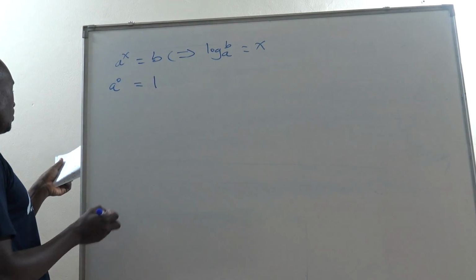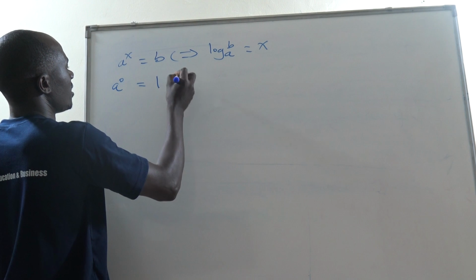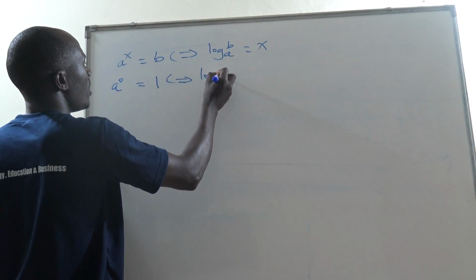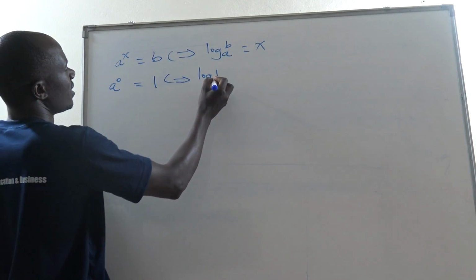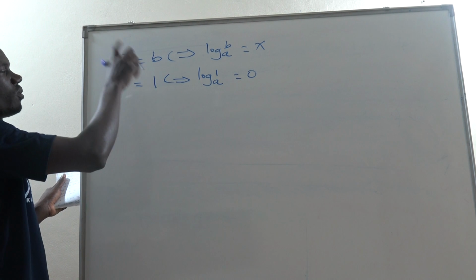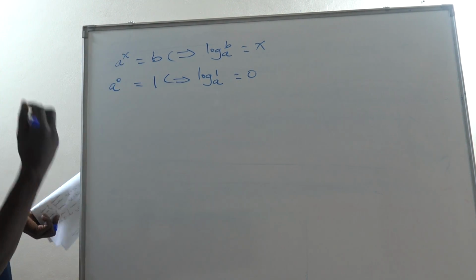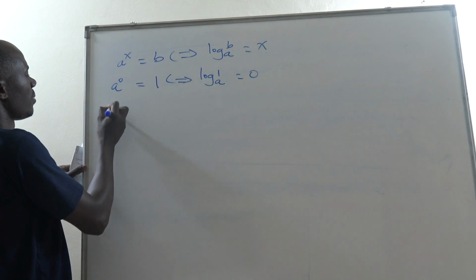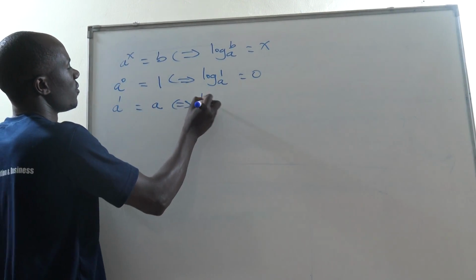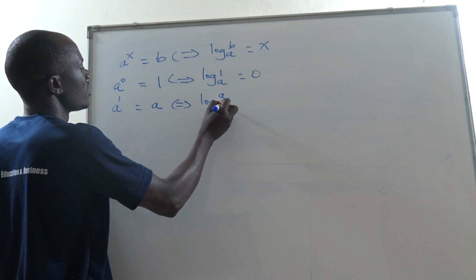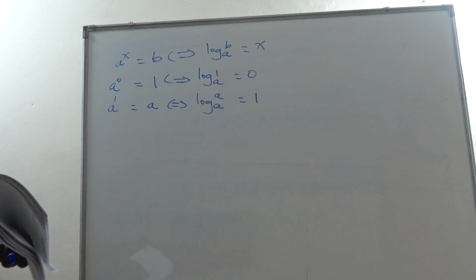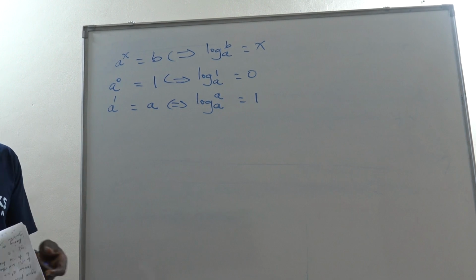It implies that log of 1 to base a is 0. When you see log of 1 to any base, you just get 0. If you have a power 1, it's the same as a. It implies that log of a to base a is automatically 1.